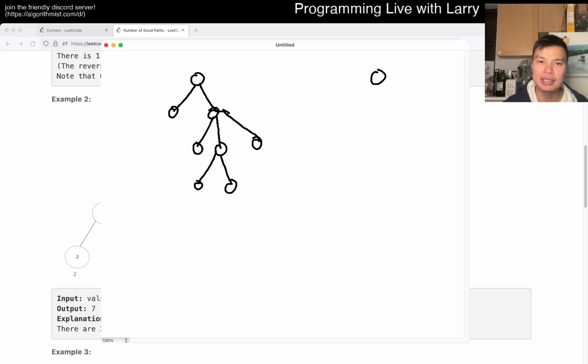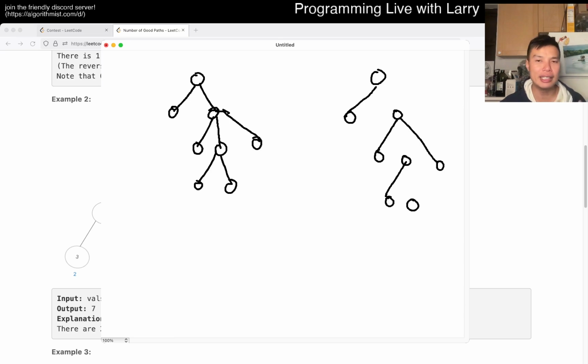Well, let's say in the beginning we have essentially a disconnected forest, right? And then as you process nodes, you start connecting nodes. I think this part was the insight that I had immediately.